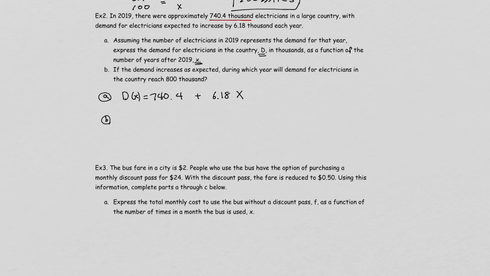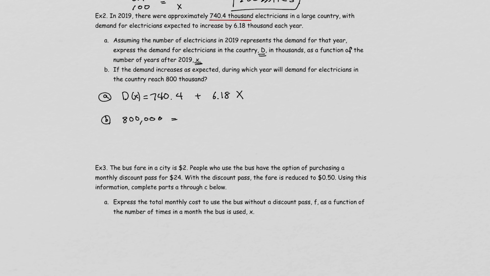Part B is asking when this amount is going to become 800,000. If we want to change this without the word thousand, you should be able to do the algebra. It will become 800,000 equals 740.4 thousand.